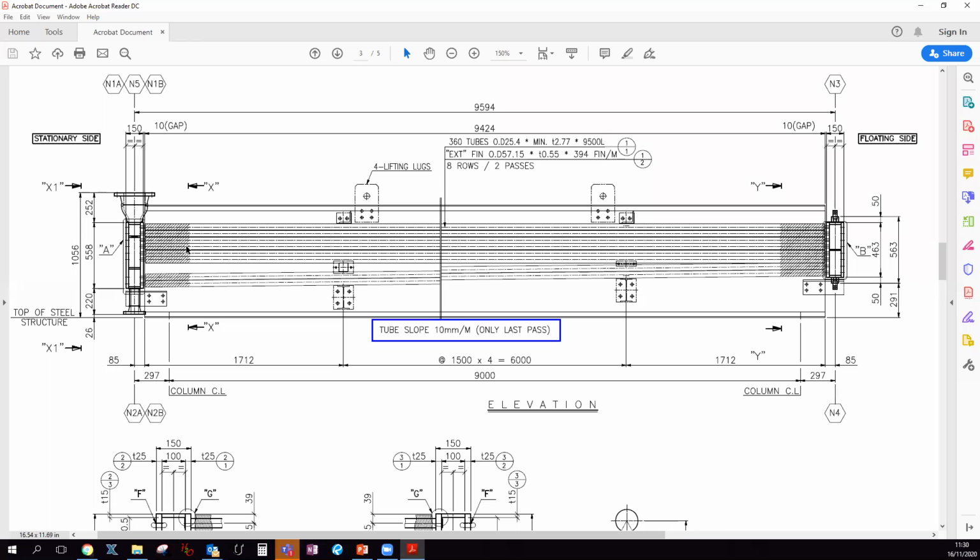We need more tube rows on the first pass, because the inlet is 100% vapor, and the pressure drop in this part is higher. In the second pass, it's mostly liquid, so it is enough to have only 2 tube rows regarding the pressure drop.